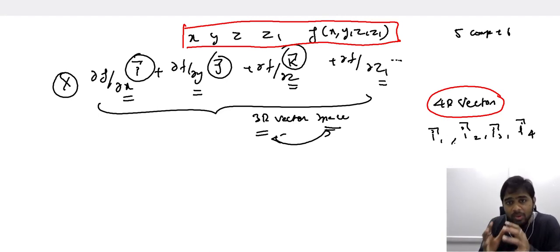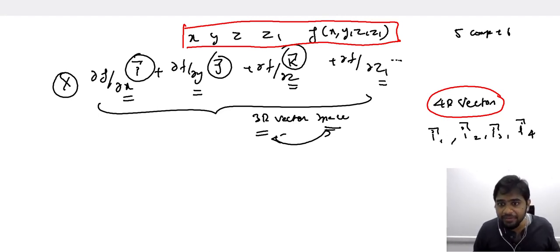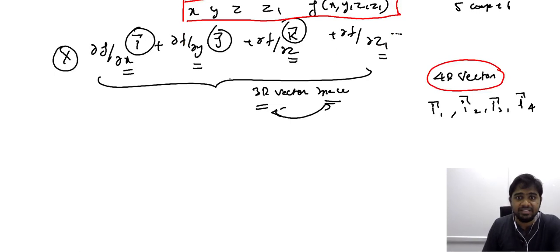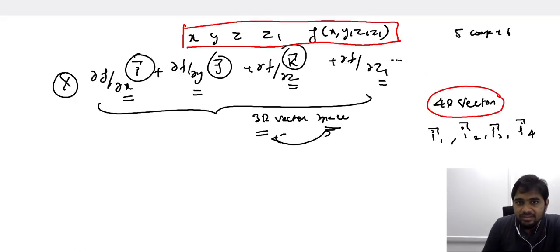When the vector space is represented by these different bases, we can express the gradient of such multidimensional data points as this.